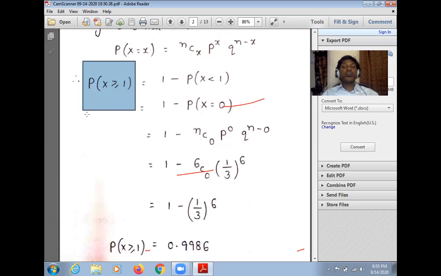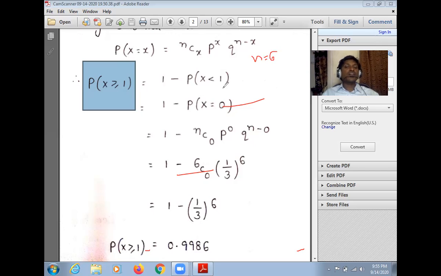How to find that one? Here, we wrote 1 minus P of x less than 1. If you want, you can write this in another way. P of x greater than or equal to 1 means the minimum has to be 1 and more than that. Here we know that n is equal to 6, so we can take up to 6.